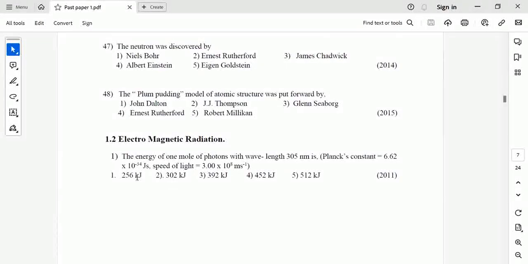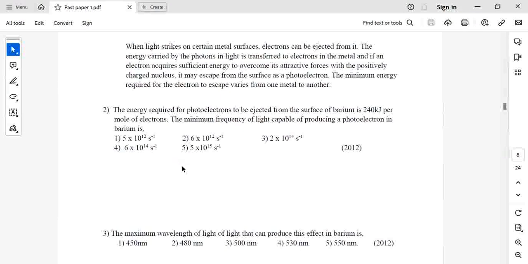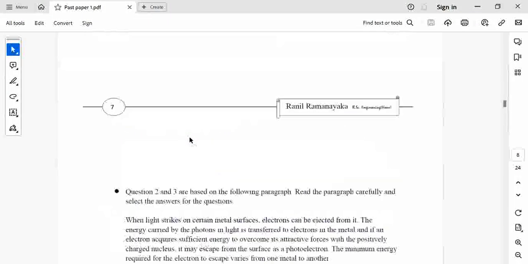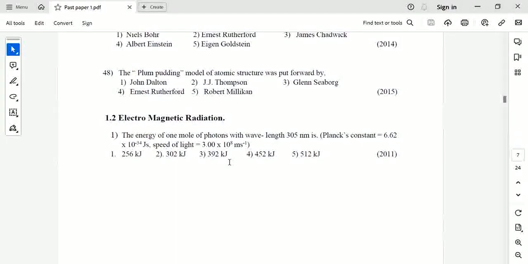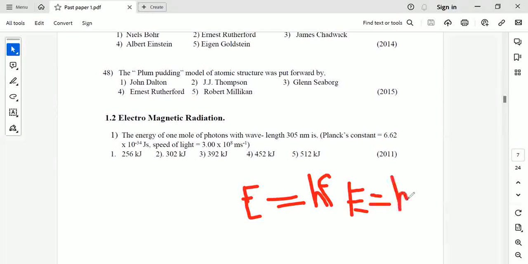But have we discussed these two, the first and second questions, in the last class, when we discussed E equals hc over lambda or hf, Planck's energy equation? I think we have discussed these in the last class. E equals hc over lambda.